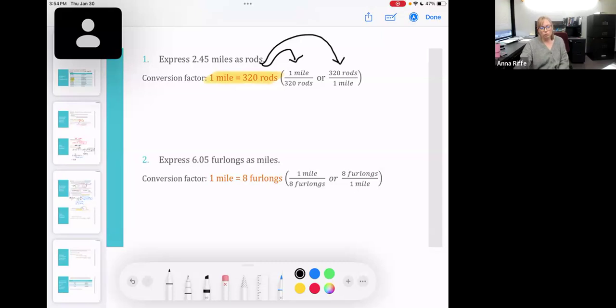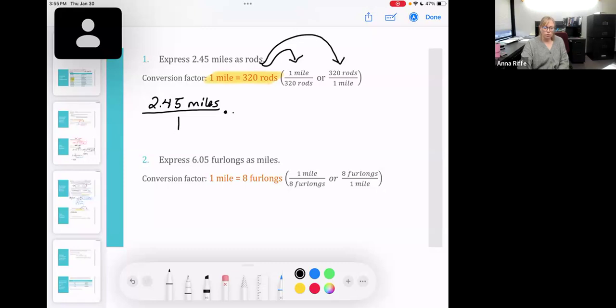I could either choose to put the 1 mile on top or to put the 1 mile on bottom. Okay, we're going to use one of those, not both. I'm taking 2.45 miles. I'm going to write that starting value as a fraction.